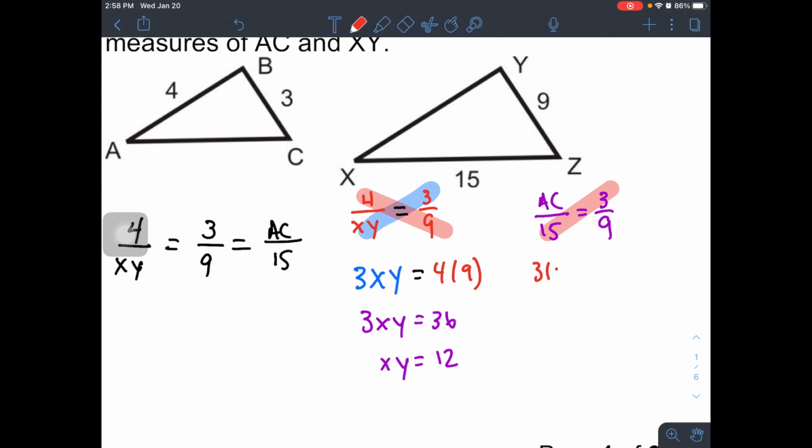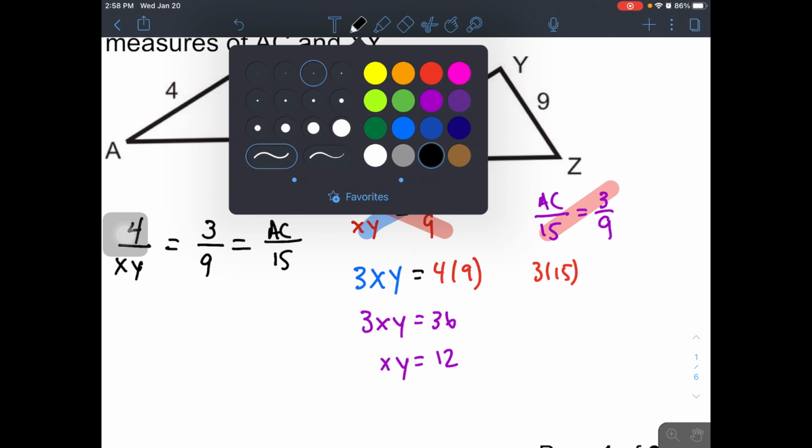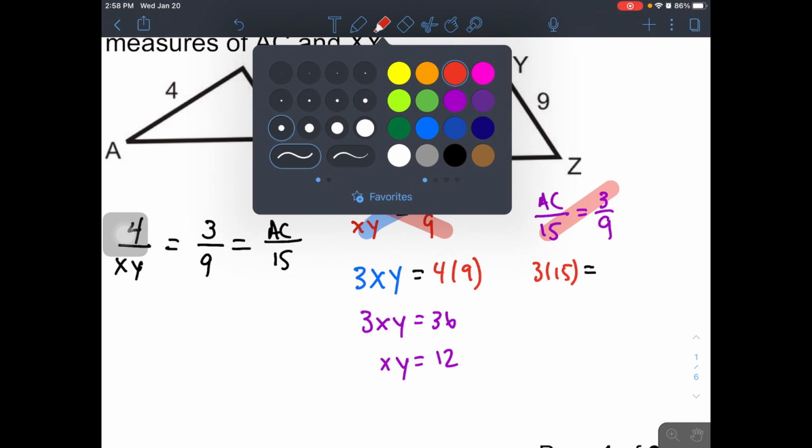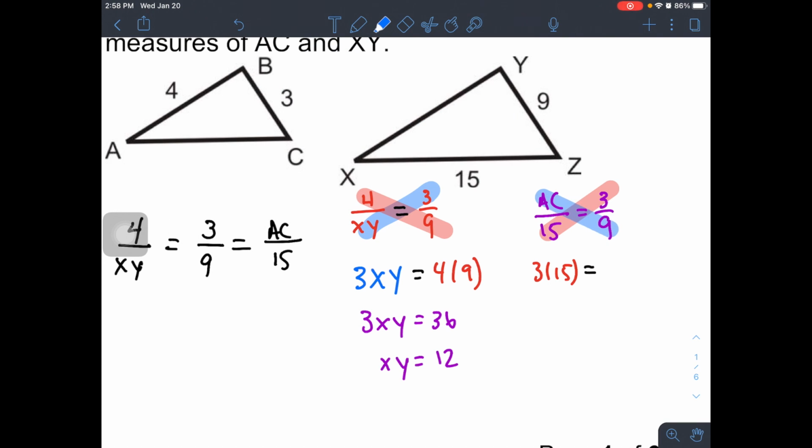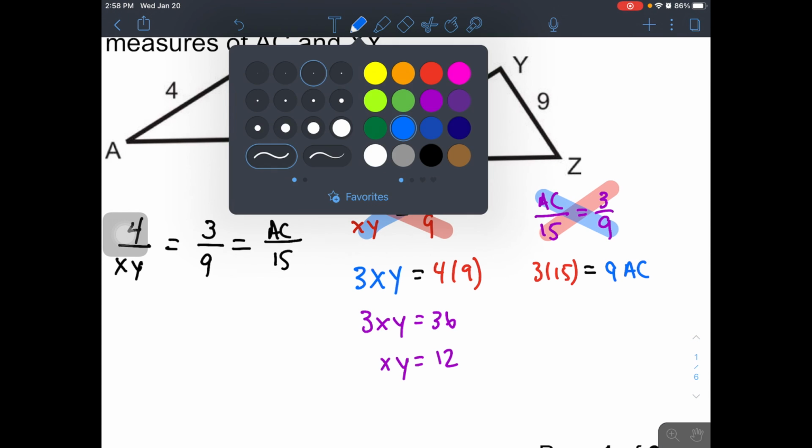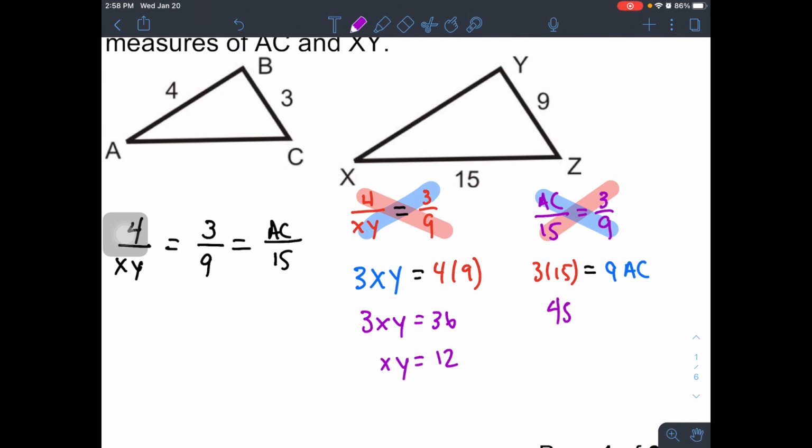We got 3 times 15, and AC times 9. Evaluate and solve. And our answer is AC is 5, XY is 12.